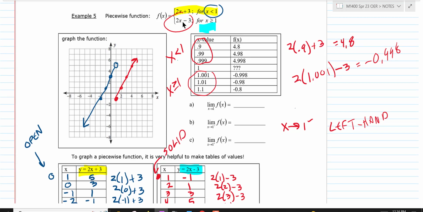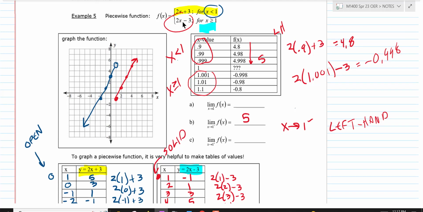Remember, the answer to a limit is a y value. Look at these numbers, 4.8, 4.98, 4.998. Where is it going? It's going to 5, okay? So that left-hand limit is going to 5. The table will tell you where it's going. The closer you get to 1 from underneath, the closer you get to 5 for a y value.